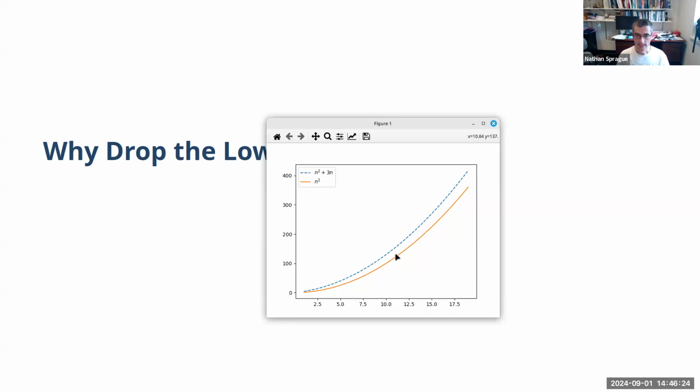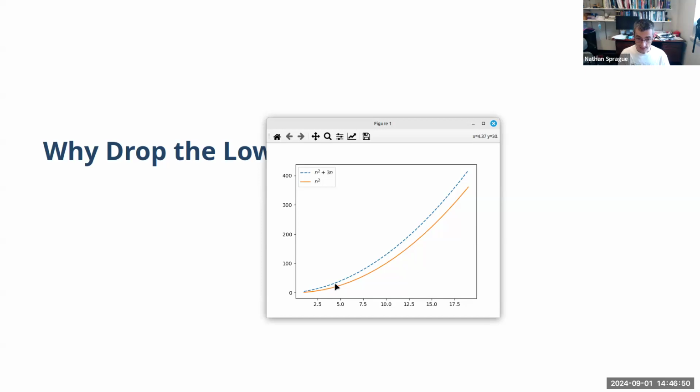And what we can see here is obviously n squared plus 3n is larger. There's this gap between them. And this isn't a case where that gap is going to go away, right? If I look out farther along the x-axis, it's not like eventually n squared will end up larger than n squared plus 3n. That isn't going to happen. n squared plus 3n is always going to be the larger of the two.